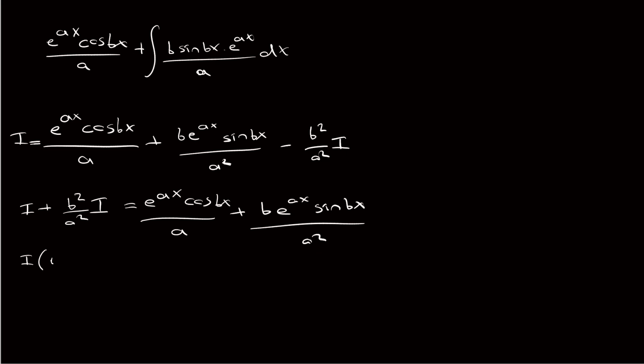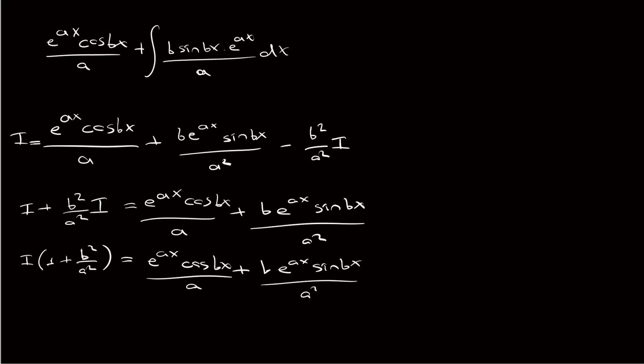I multiplied by 1 plus b squared over a squared is equal to this gigantic term, e to the ax cosine bx over a plus b e to the ax sine bx over a squared. I think you guys know where this is going.